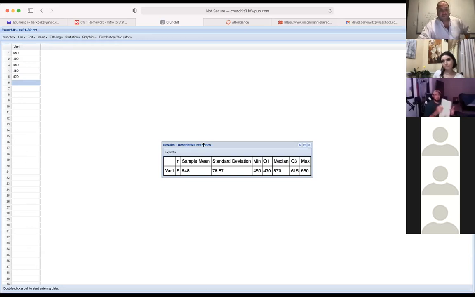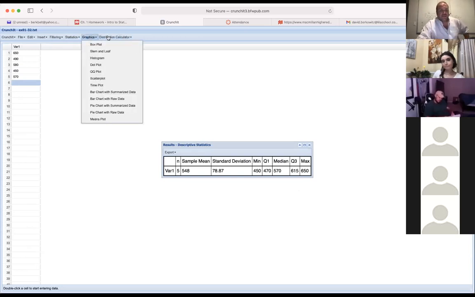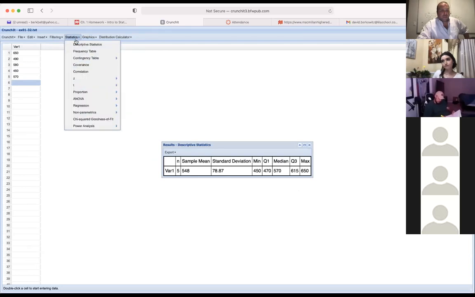It is very quick, and as you can see here, box plots, stem and leaf plots, histograms, dot plots, other types of plots we haven't learned yet. Here we have things like correlation. Someone is not muted? Hello.